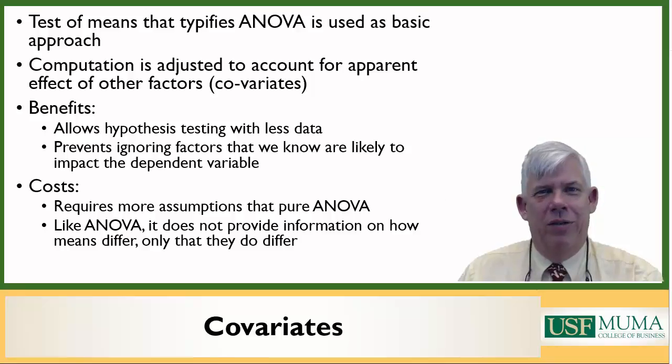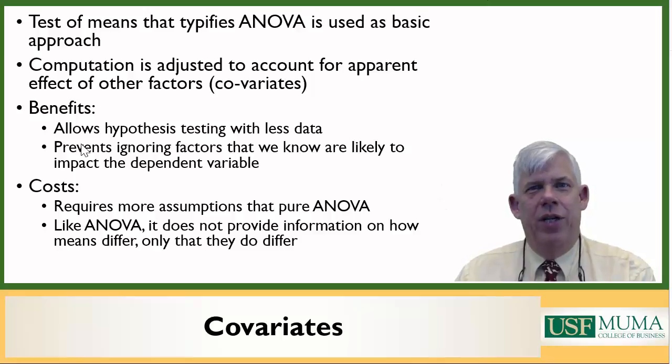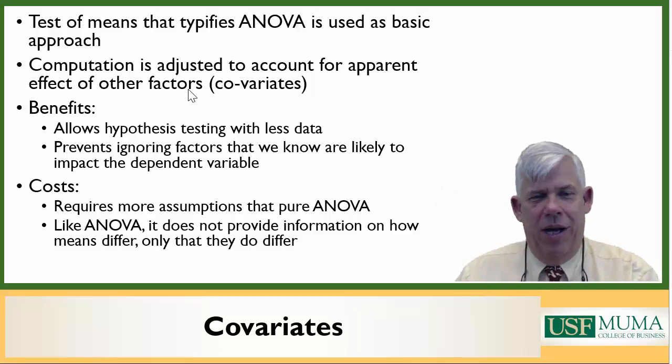And for the most part, researchers are more worried about type 1 errors, which is claiming an effect which isn't there, as opposed to type 2 errors, which is missing an effect that is there.